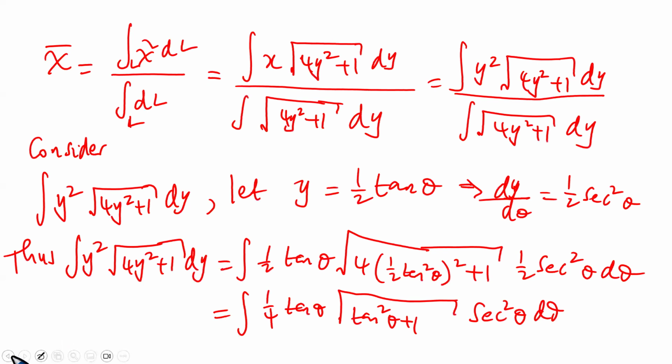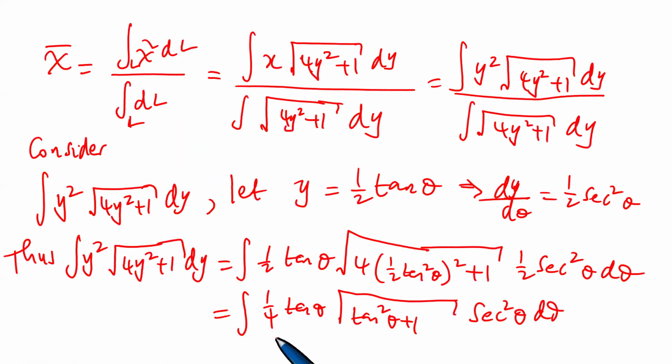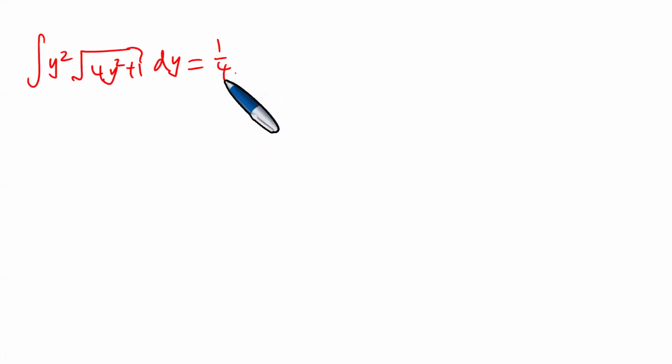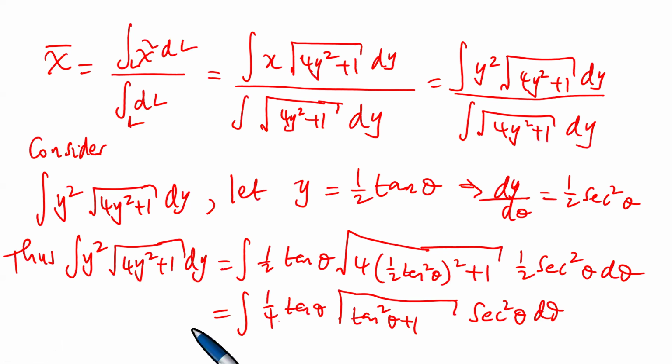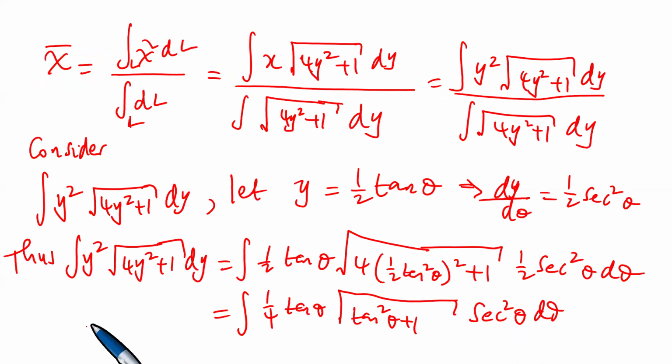and what this means is that whenever we have the integral of y squared, the square root of 4y squared plus 1 dy, this integral is the same as 1/4 the integral of the tangent of theta, and you have the square root of the tangent squared of theta plus 1, and we carry forward the secant squared.